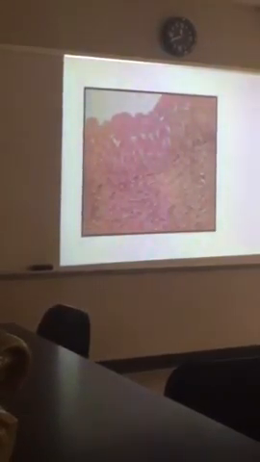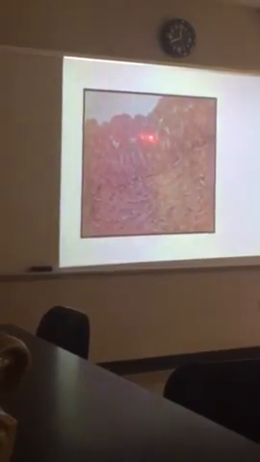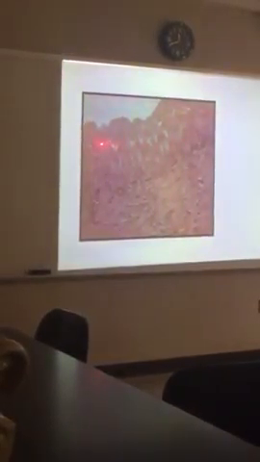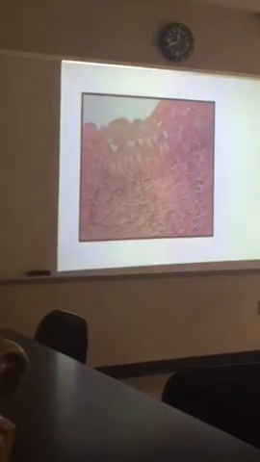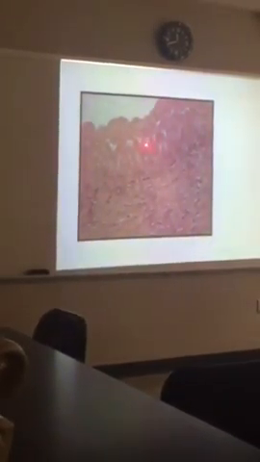Another thing, doesn't work all the time, but deep to the nucleus, there's this pale region of cytoplasm in a lot of cells. It's not a vacuole or anything that's empty or filled with some non-cellular liquid.